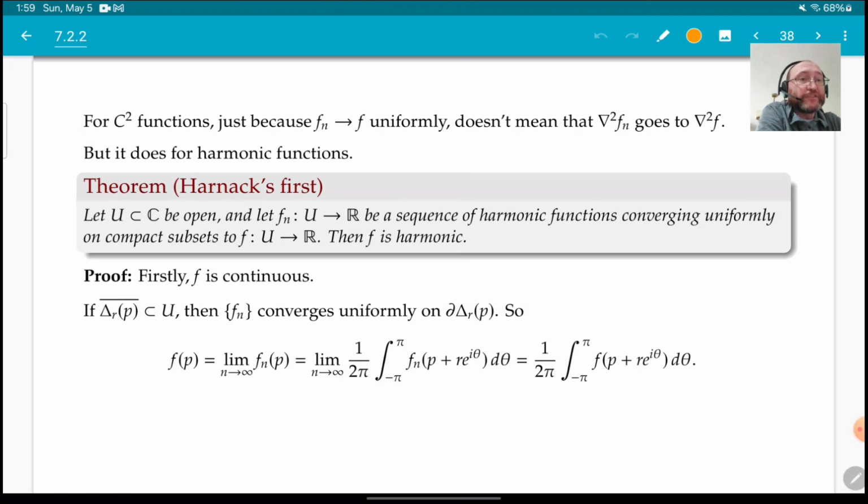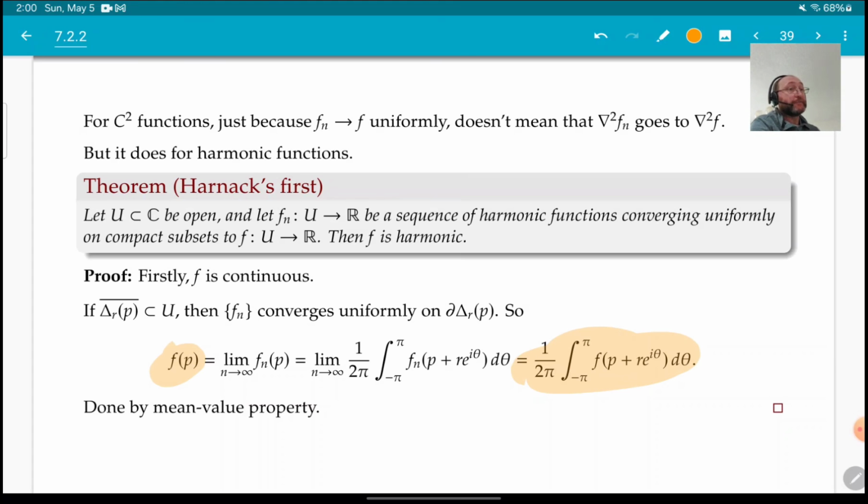And so if the limit goes inside, I just get f inside. Well, we're done, because f of p is equal to this integral, equal to its average on this circle.